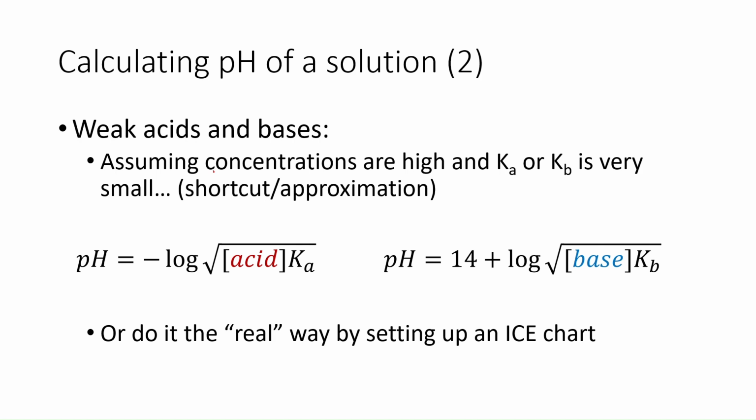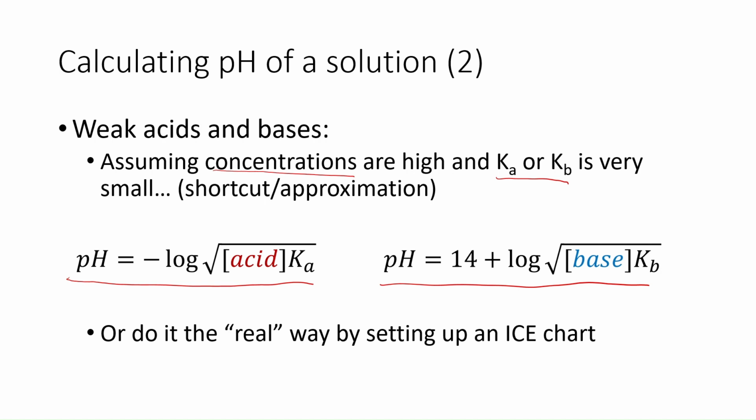If you assume that the concentration of the acid or base is comparatively very high, and the Ka or Kb is comparatively very low, you can calculate the pH of that solution using, for an acid, pH equals minus log of the square root of the concentration of acid times the Ka. Similar but different for the base. For the weak base, you can calculate the pH equals 14 plus log of the square root of the concentration of base times the Kb.